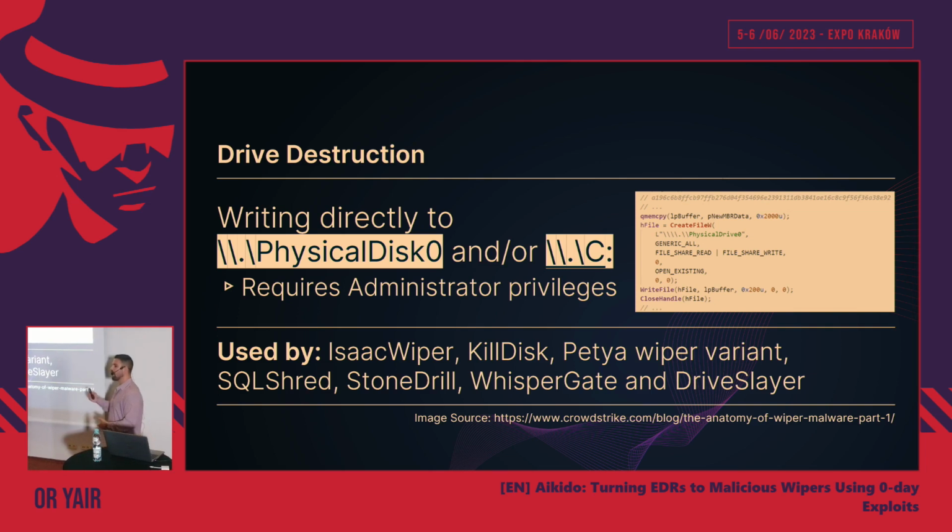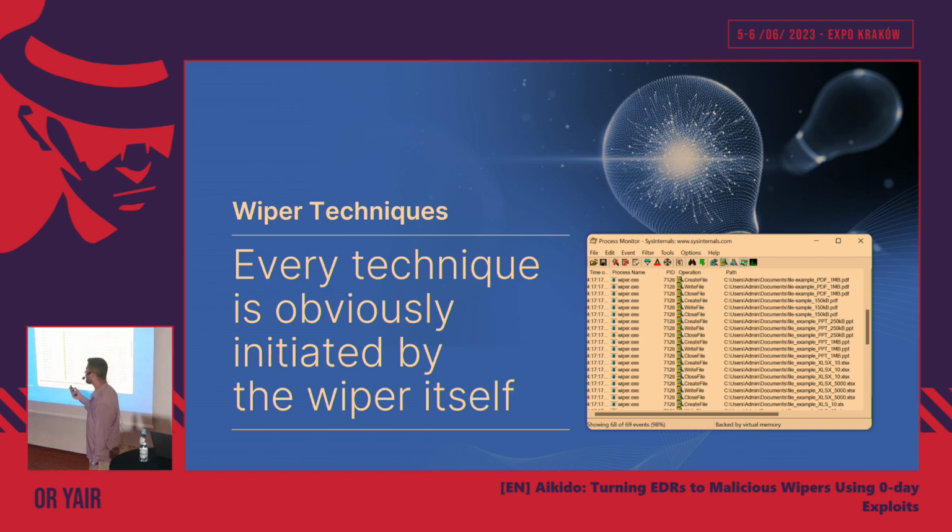But after I learned about these techniques, or any other technique that I read about, I had a very important insight. And that is that each one of the techniques that I learned about is obviously initiated by the process of the wiper itself.